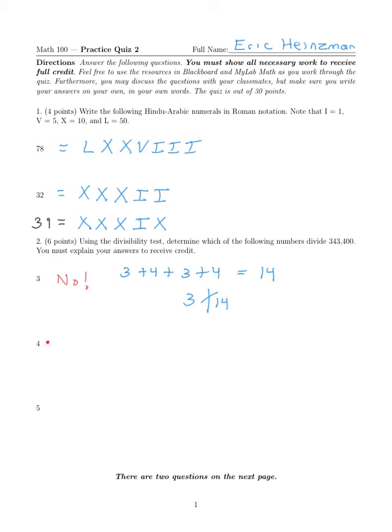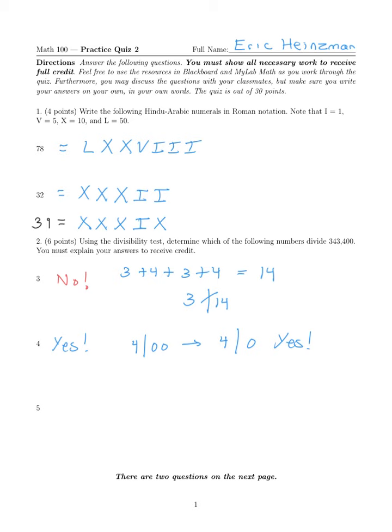The rule for 4 is, if 4 divides the last 2 digits of the number, then 4 divides the entire number as well. So here, what we're checking is, is it true that 4 divides 0, 0, but you would write that as 4 divides 0. Is that true? Yes. And therefore, 4 works.